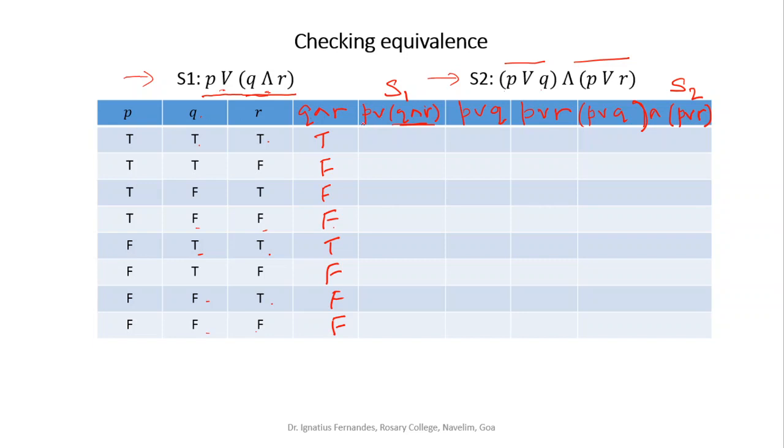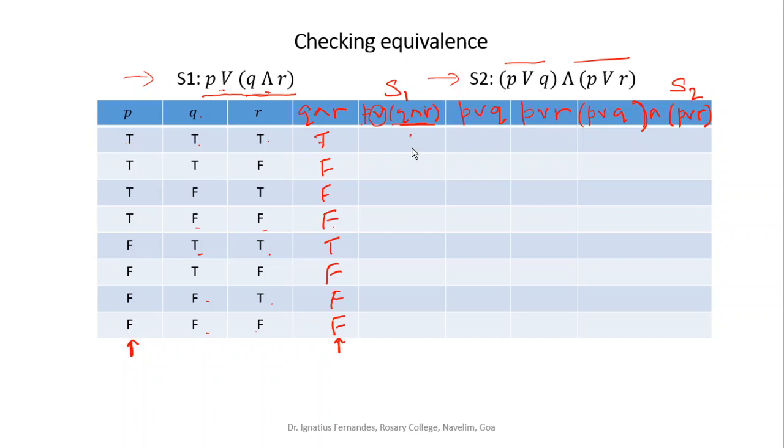Now I write down P or Q and R. I'm looking at P and at Q and R, and I'm using OR. So for this column and this column, I'm using the OR operator. Now OR is true when at least one of them is true.